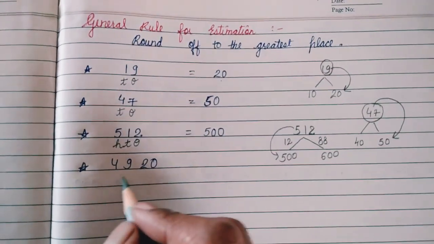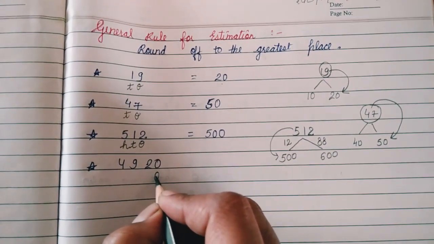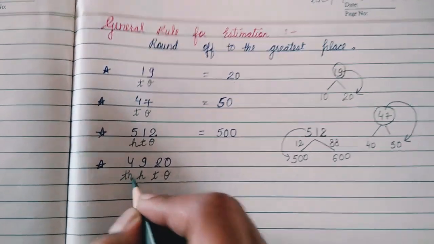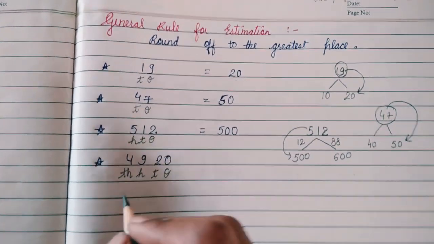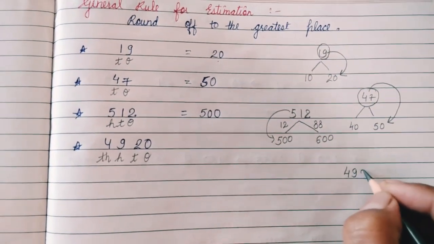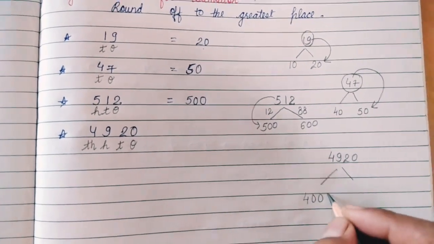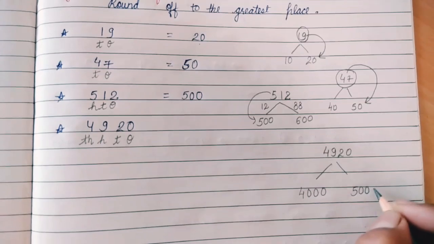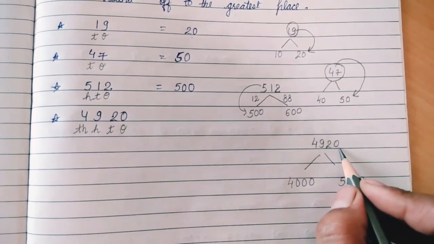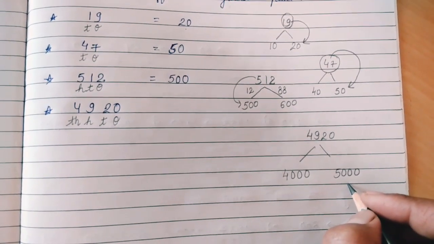Lastly we have 4920. What is its greatest place? Yes, its greatest place is 1000. So it will be estimated according to the 1000 place. 4920 is coming in between 4000 and 5000.